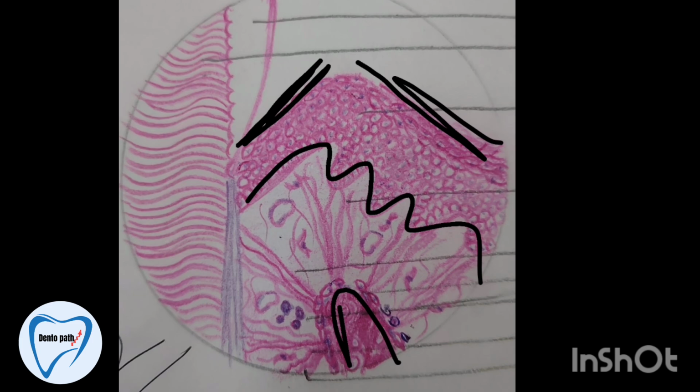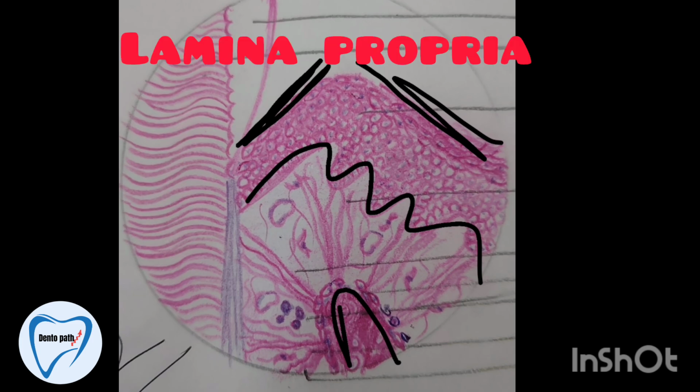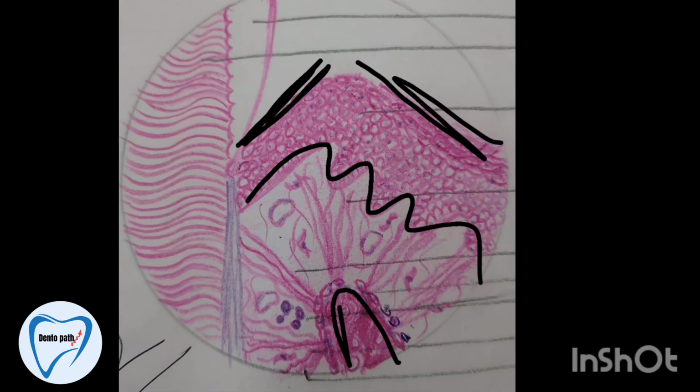The connective tissue of the gingiva is known as lamina propria. It consists of two layers: a papillary layer subjacent to the epithelium that consists of papillary projections between the epithelial rete pegs, and a reticular layer that is continuous with the periosteum of the alveolar bone.